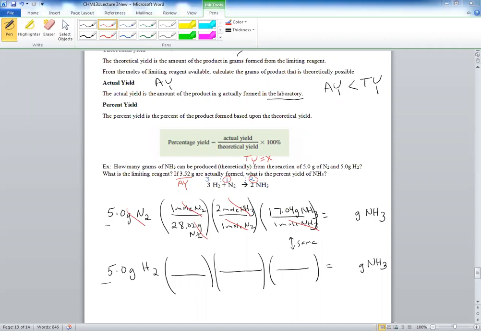So that would be 5 times 2 times 17.04 divided by the 28.02, which gives us 6.1.